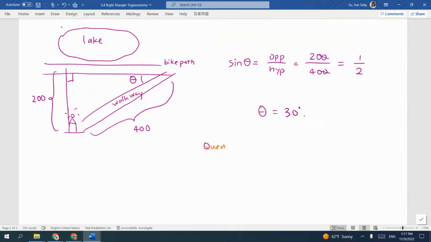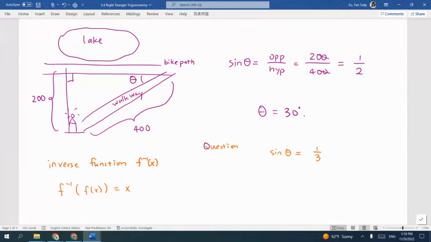Let me ask you another question. If you get sine theta is 1/3, how do you find theta? Well, we learned inverse functions, right? What does an inverse function do? When we apply the inverse to f of x, we get the x back.